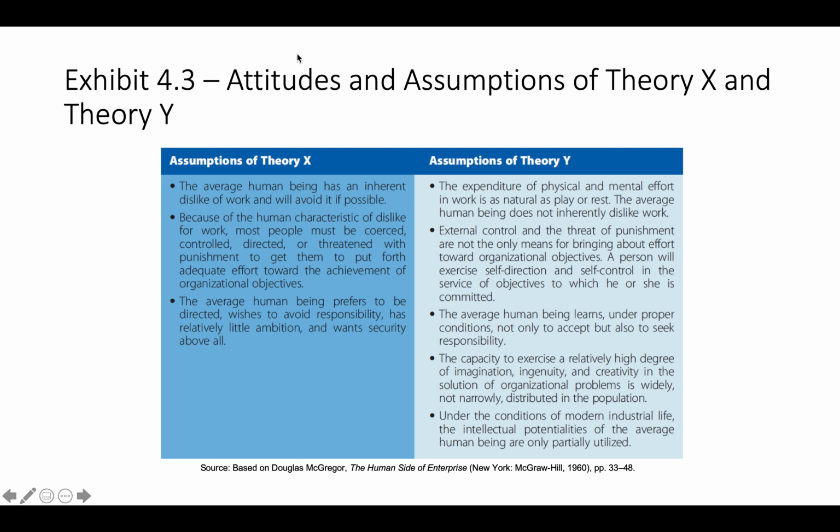The assumption of Theory X is that the average human has an inherent dislike of work. Because of their dislike for work, they need to be prompted. You need to be able to give them rewards and punishments which will motivate them, which, when you get into behavior theory, you'll see that there are motivators and things that will really help people behave the way you want them to behave.